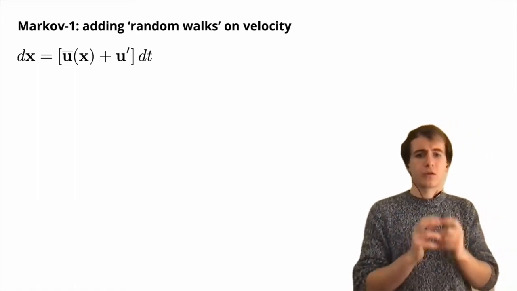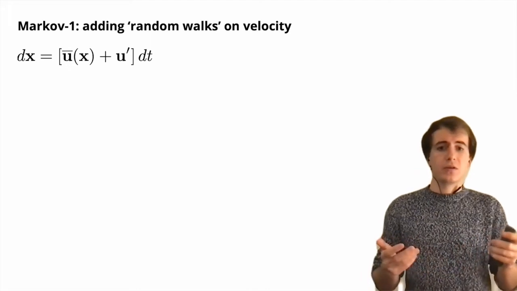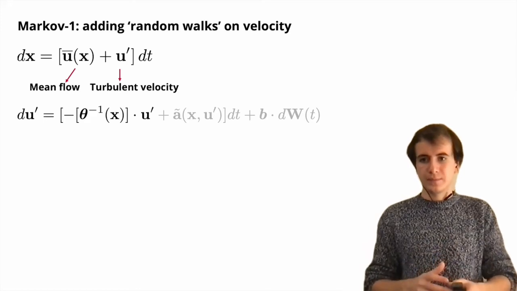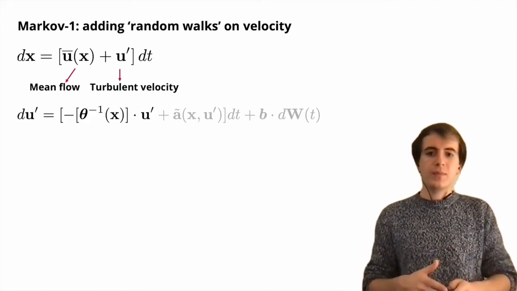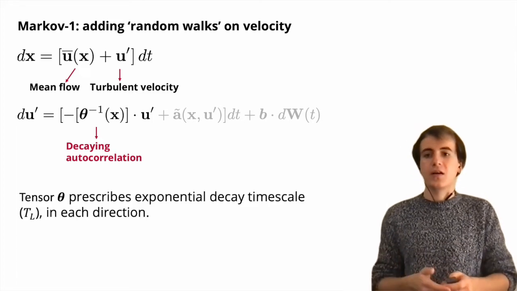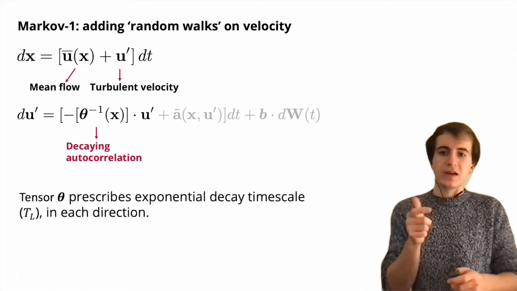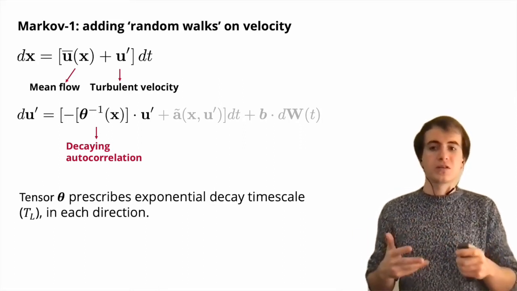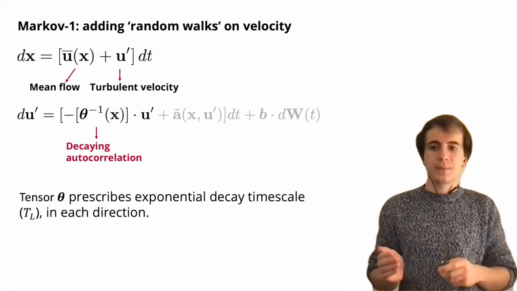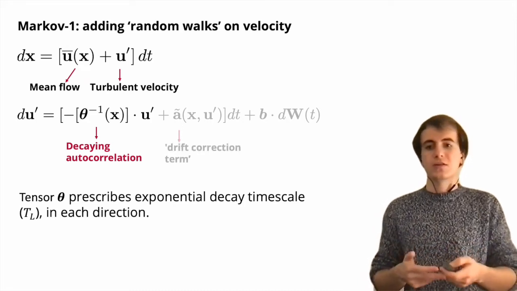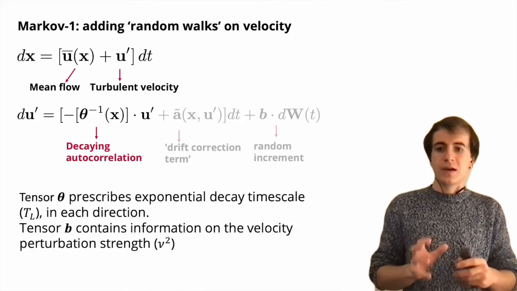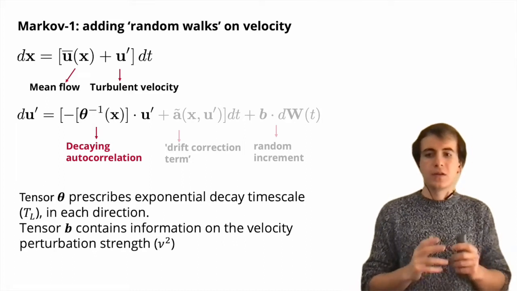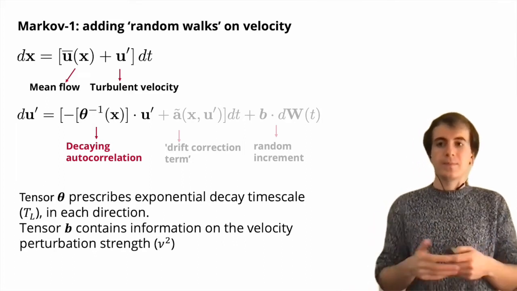So the evolution of a particle position, again, depends on the mean flow and on this turbulent velocity, u prime. Now, u prime depends on a decaying autocorrelation, where this tensor theta prescribes the exponential decay timescale, so the Lagrangian timescale, in each direction. There's again a drift correction term, and a random increment where this tensor b contains information on the velocity perturbation strength, nu squared.